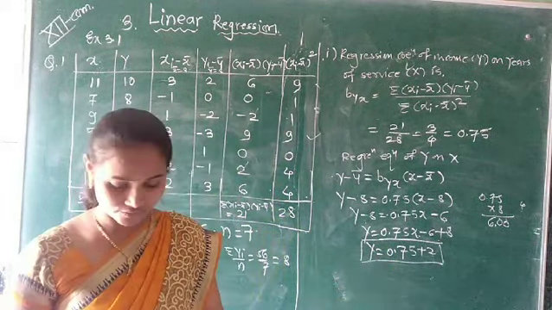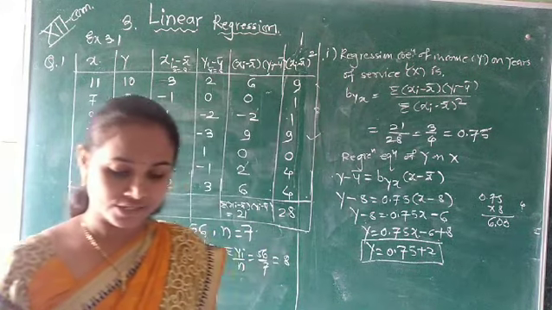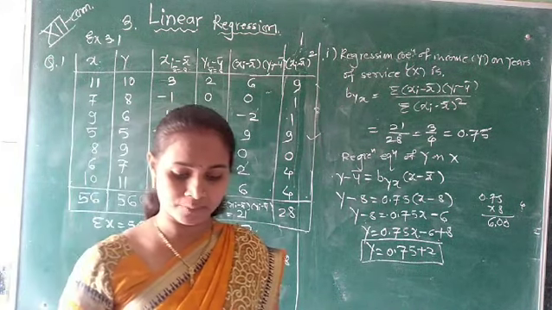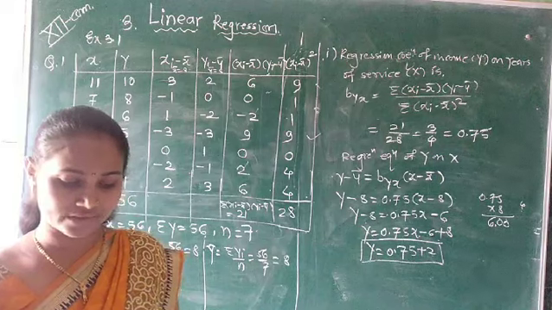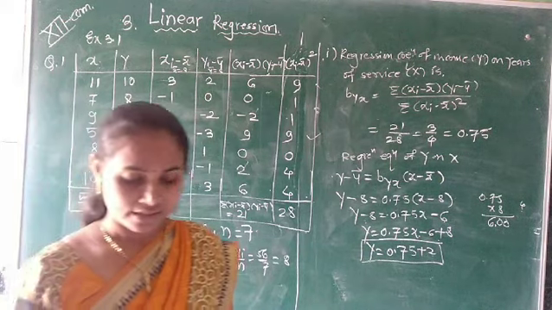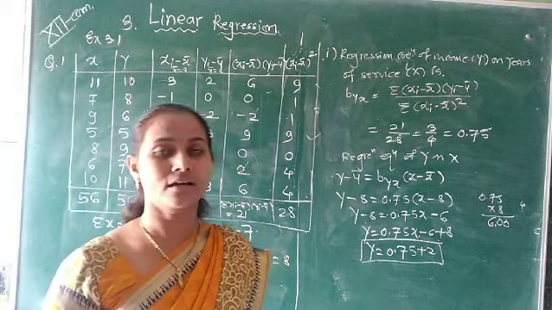Now see the second question. Here we have to find what initial salary you would recommend for a person applying for the job after having served in a similar capacity in another company for 13 years.